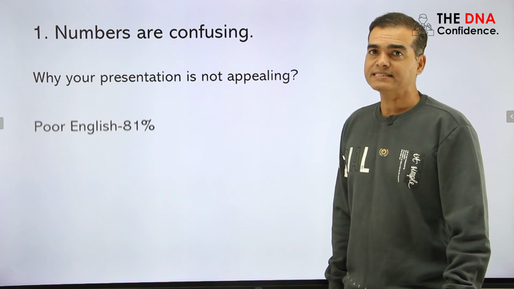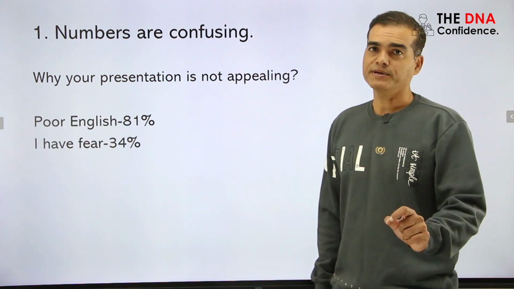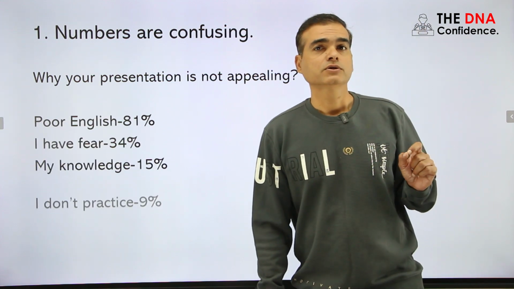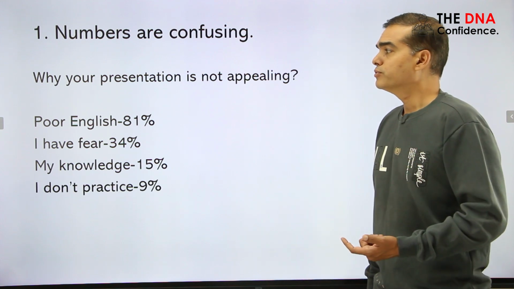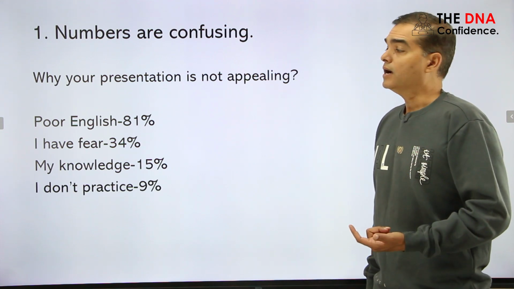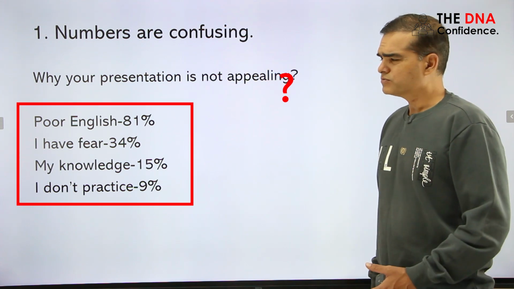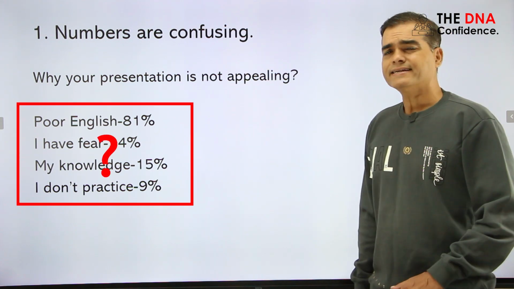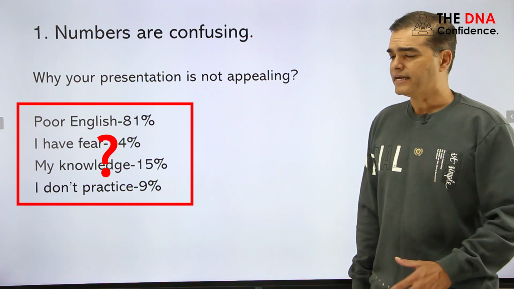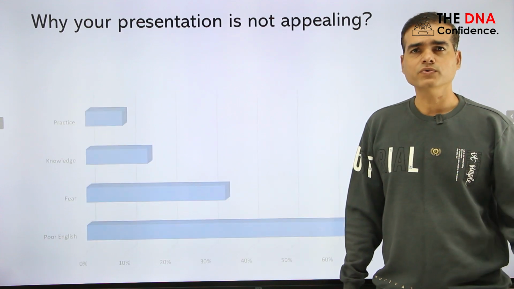Suppose this information, this data you have to represent in the form of a slide. So what happens? If you look at this data, the audience will just keep on reading the data rather than listening to you, and that will distract them. Instead of that, why don't we do this? How is this?